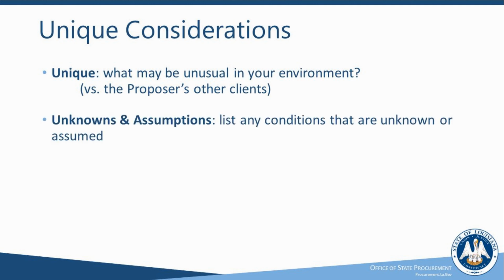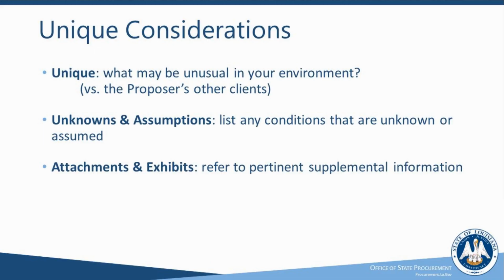A big area also is unknowns or assumptions that are built into our scope. Even though we may not be unique as a client, we might be somewhat unique in the sense of what we do or do not know definitively in our scope. So if there's areas that are unknowns or assumptions, identify them here.